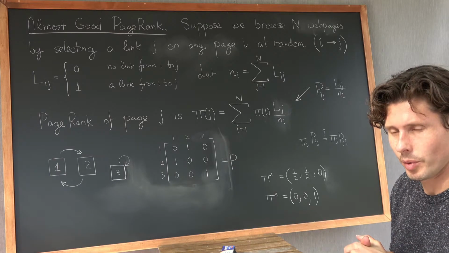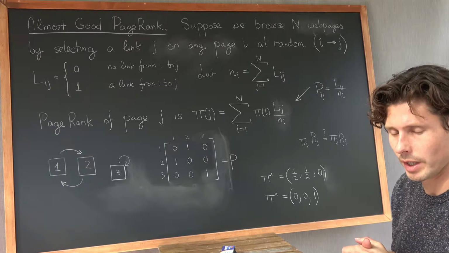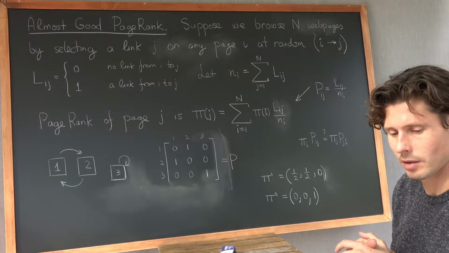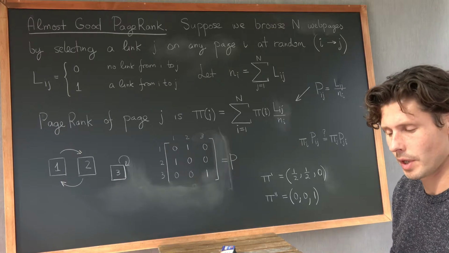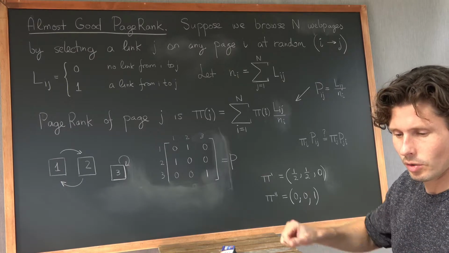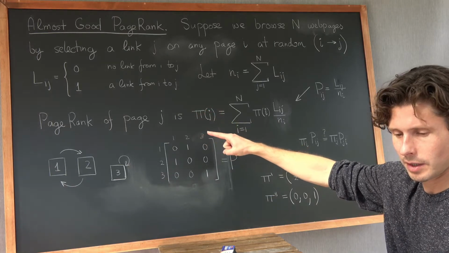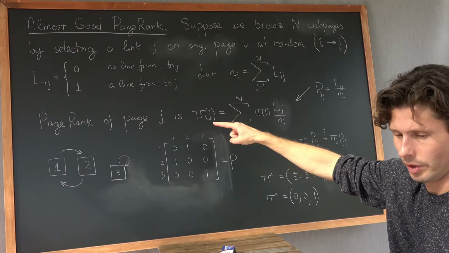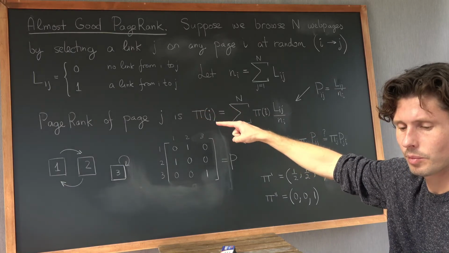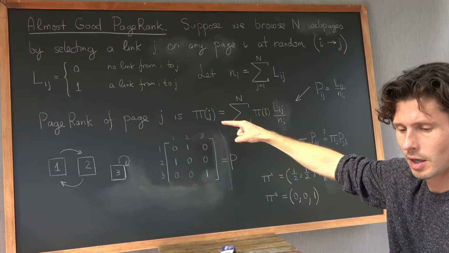I want to be presented with the high ranking pages, the ones that are somehow relevant or important or influential. So if we define pi_j as the importance, or in other words the PageRank, of web page j, how is it computed?